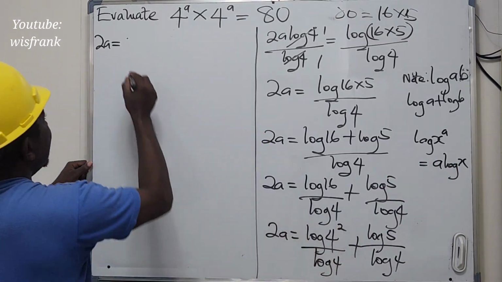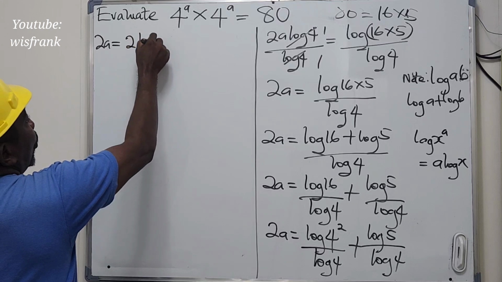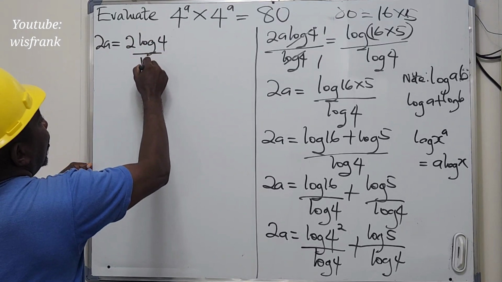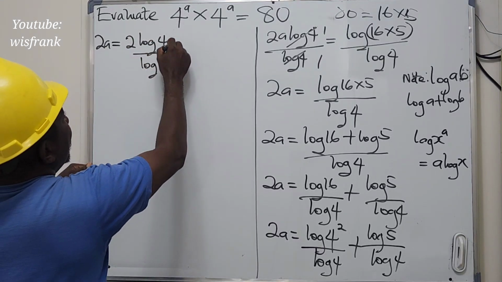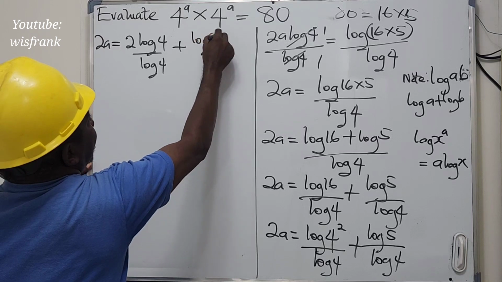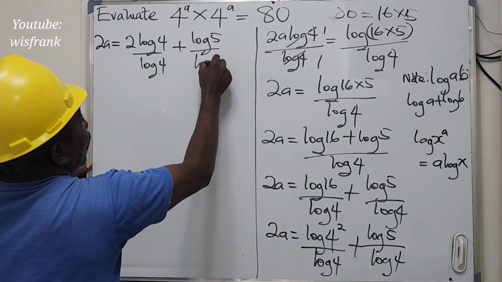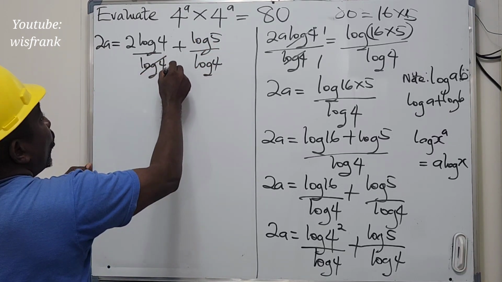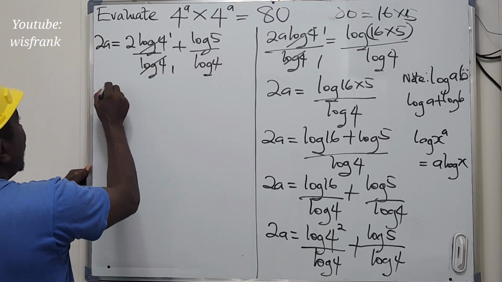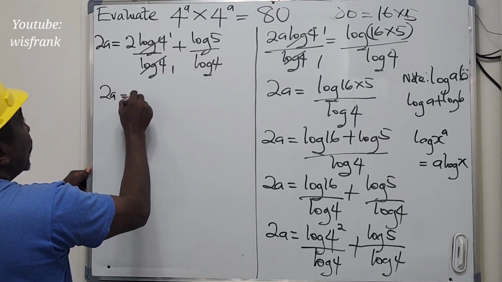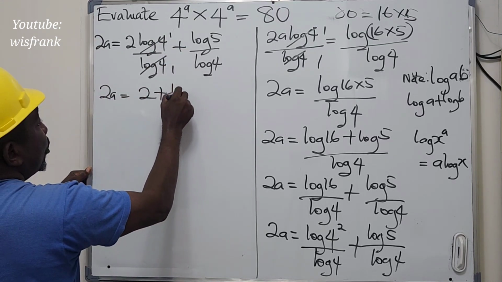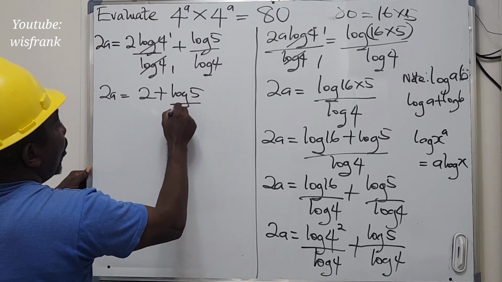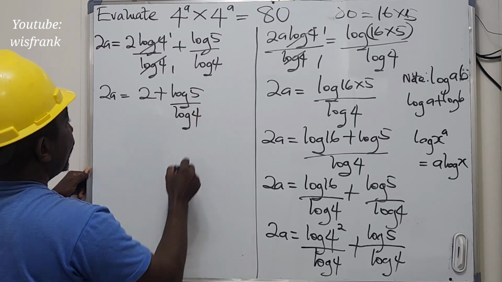So we have 2 log 4 all over log 4 plus log 5 all over log 4. Here, log 4 will cancel here and log 4 will cancel here. We are now left with 2a equals 2 plus log 5 all over log 4.